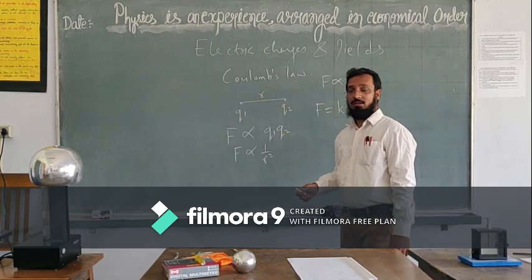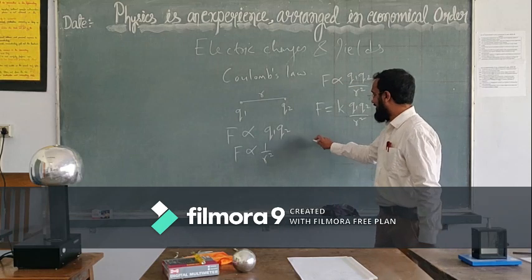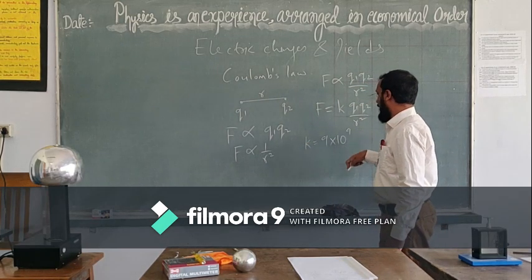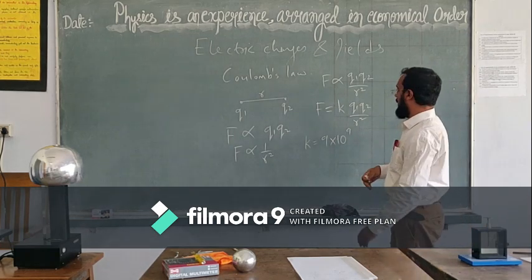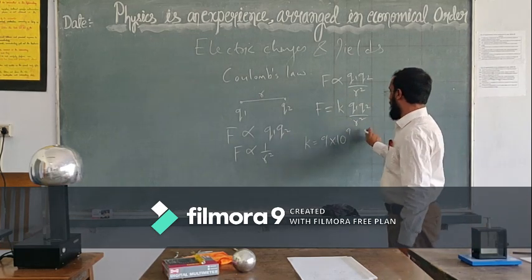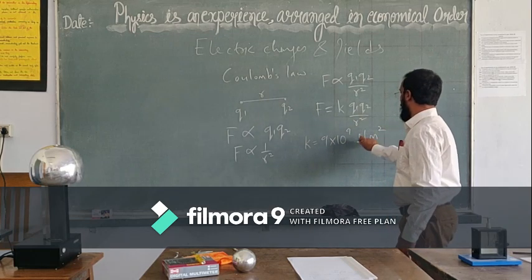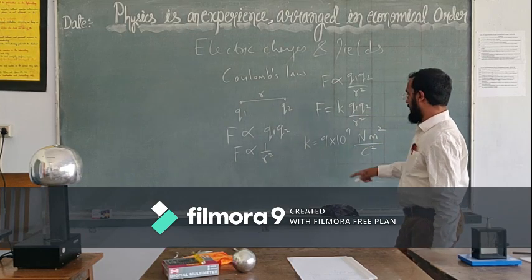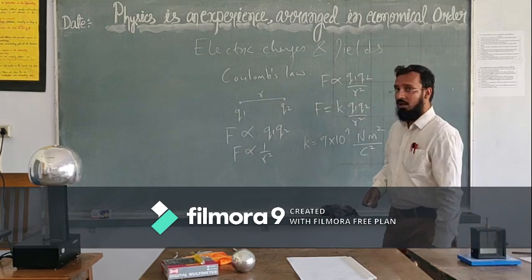Here K is a proportionality constant often called Coulomb's constant, whose value is 9 into 10 raised to 9, and you can easily find its unit from this. This is Newton, and this goes over there, this is meters, so meter square, and these charges are Coulomb, so you get Coulomb square. So Newton meter square per Coulomb square is the unit of this.